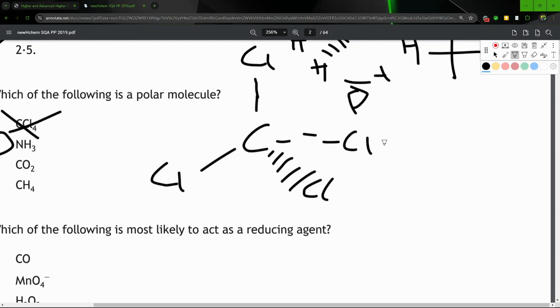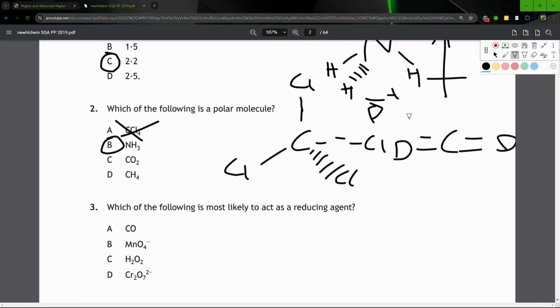So carbon dioxide would look good if you make the erroneous assumption that it would be like water, and you would have something like this, but carbon doesn't work like that. That's false. What carbon dioxide actually looks like is a double bond with oxygen on both sides. As you can see here, it's a linear molecule. It's not changing in structure, which means there's no net dipole, so that's rubbish as well. So we know it's not carbon dioxide.